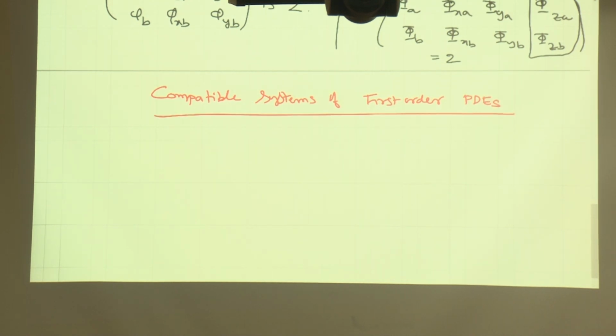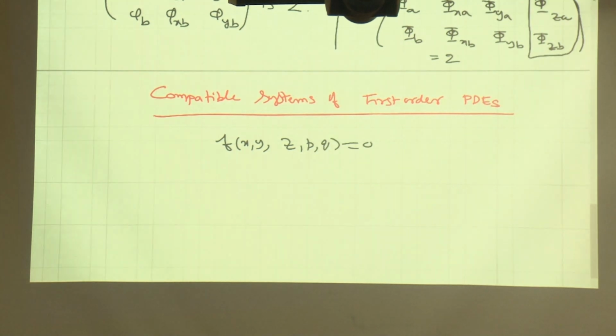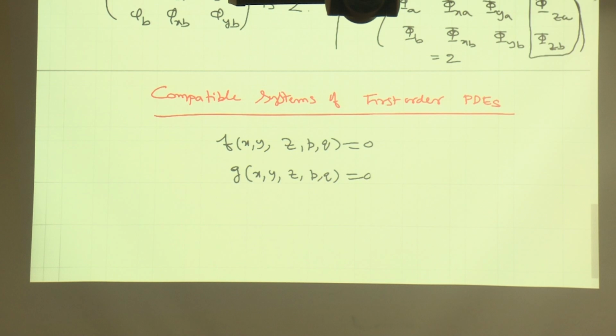So we have to start with two first order PDEs. f of x, y, z, p, q equal to 0. You can think of u, u_x, u_y also there. And another one is g of x, y, z, p, q equal to 0.